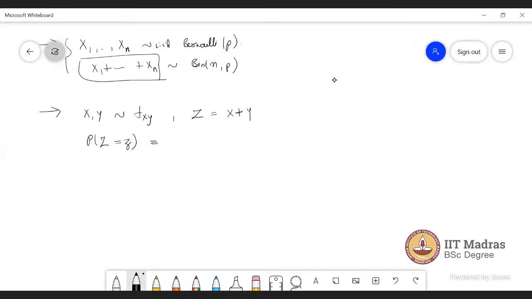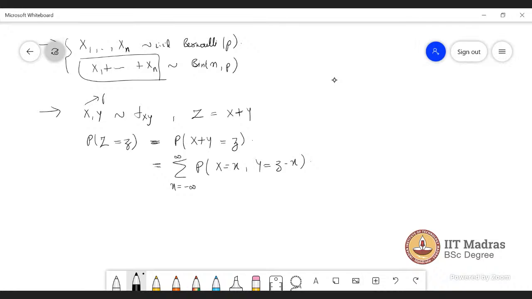To find it, we write the probability that z equals x plus y equals z. This is the same as writing the probability that x takes some value x and y takes the value z minus x, with x taking values from minus infinity to infinity.